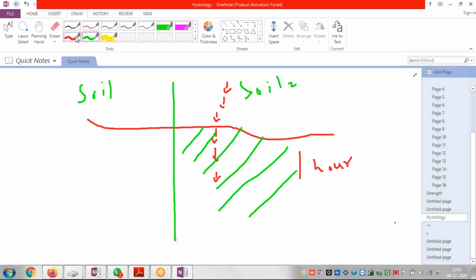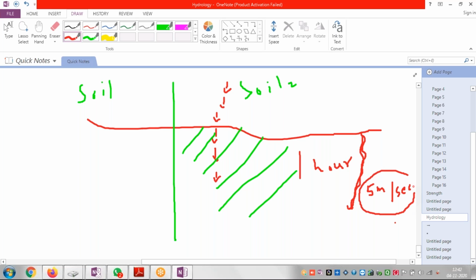The rate of infiltration means water travels inside, like here. Say the rate of infiltration in this soil is 5 meter per second, which means water comes inside up to 5 meter in 1 second. And in the other soil, water is coming inside at 3 meter per second.